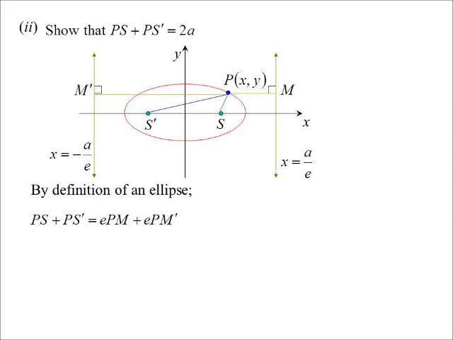And PS dash would be equal to the eccentricity times PM dash. So now, instead of adding up PS and PS dash, which are 2 lines at an angle, I'm adding up 2 lines, PM dash PM, which are horizontal, and would be the distance between the 2 directrices, which is 2A on E, the E's cancel, and I just get 2A.